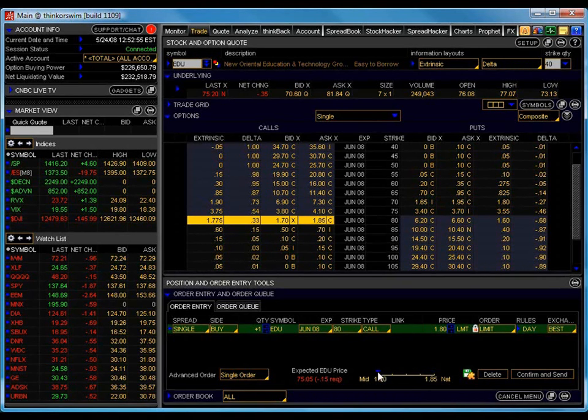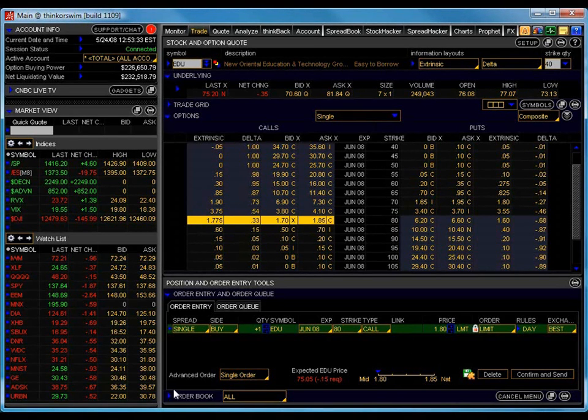Are you going to get the mid price all the time? No. You may not get it even 20% or 30% of the time. But the times that you do get it, it's going to save you a lot of money on the options you're purchasing over time. So it's always worth trying to get the mid price on any option.